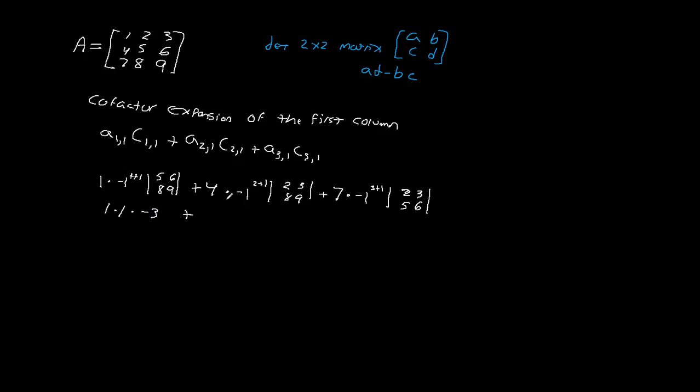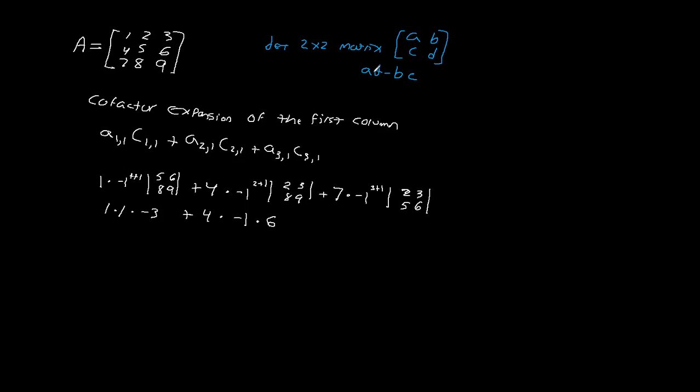Then we add 4 times negative 1, and the determinant of this is going to be negative 6.